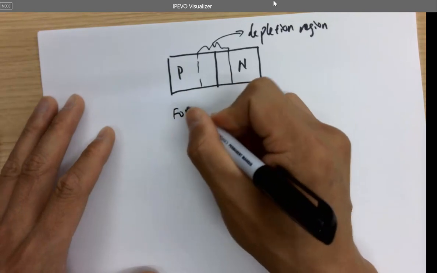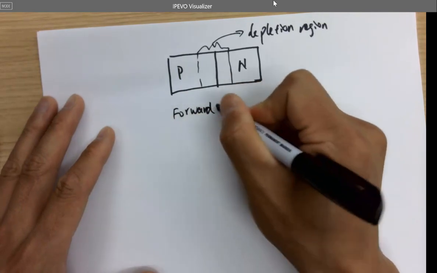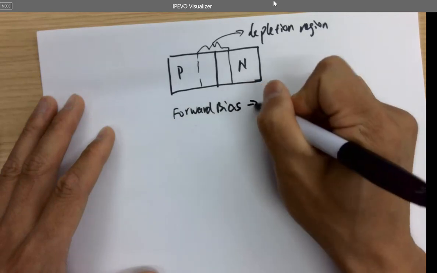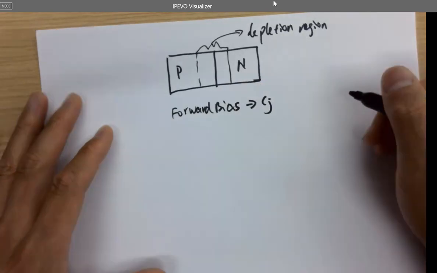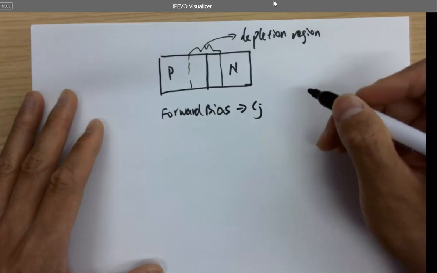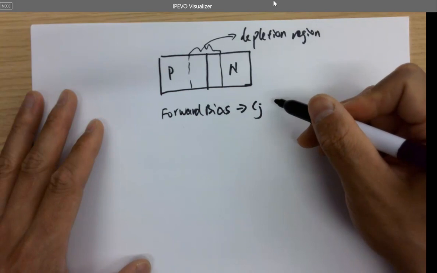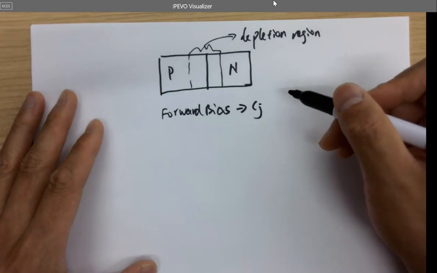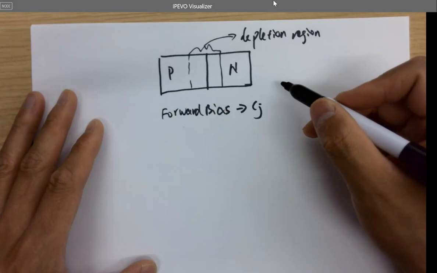Forward bias. And the junction capacitance Cj, does it go up or go down? Forward bias. Why?